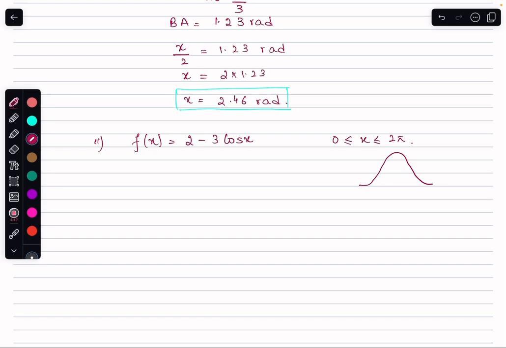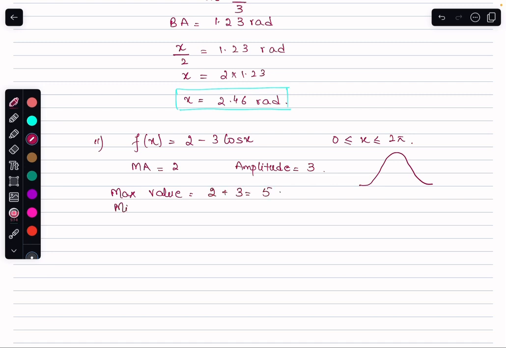So how to sketch the curve? We have the mid-axis value. The mid-axis value is 2. We have the amplitude. The amplitude here, meaning the height from the mid-axis, is going to be 3. Therefore, the maximum value on the graph is going to be the mid-axis plus 3, which is going to be 5.